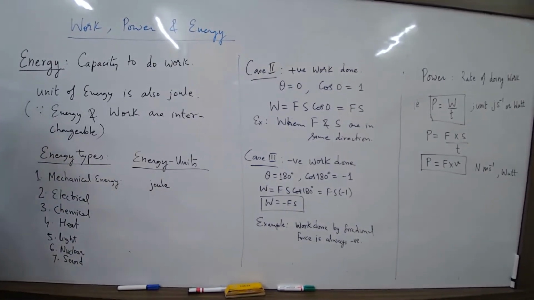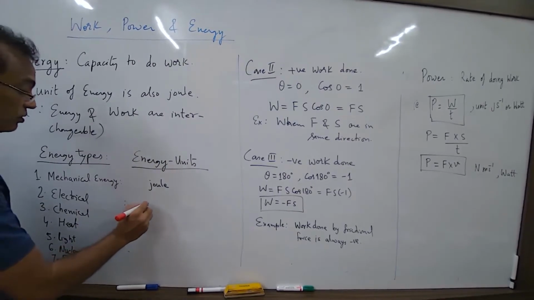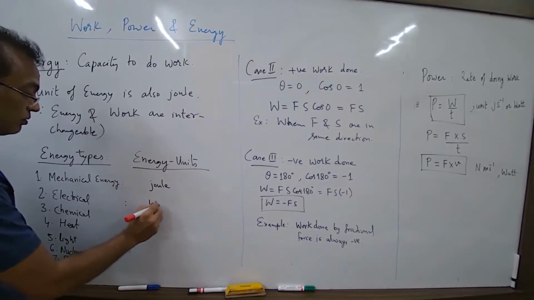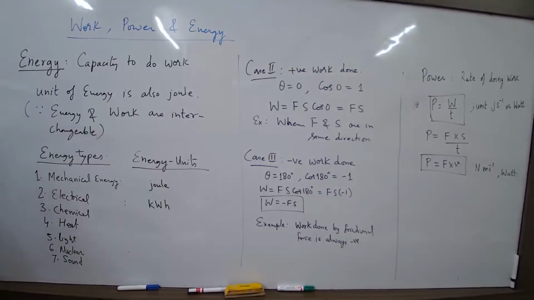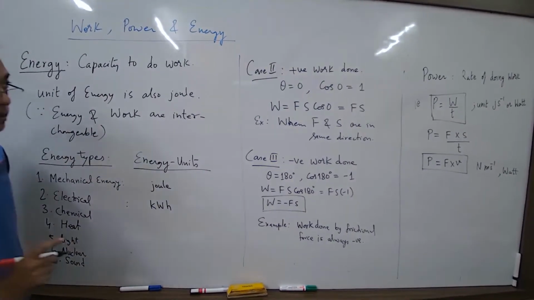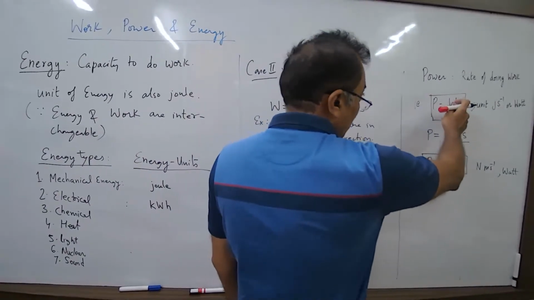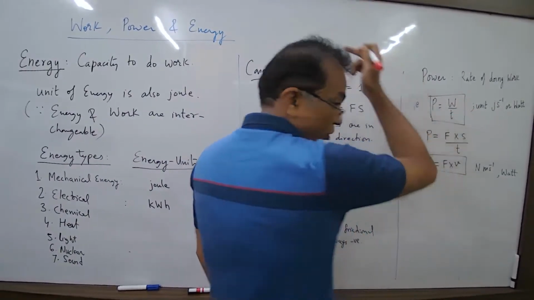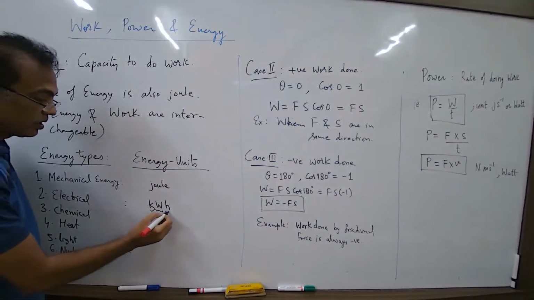Okay. So in the electrical domain, we use what is called kilowatt hour. Watt is power, not energy. Work is energy, right? So energy is power into time. So kilowatt is power, hour is time.